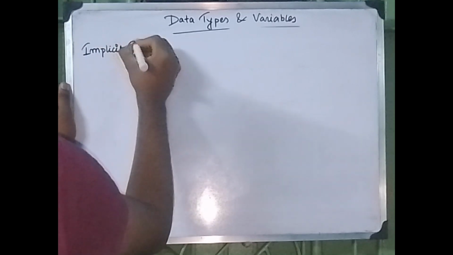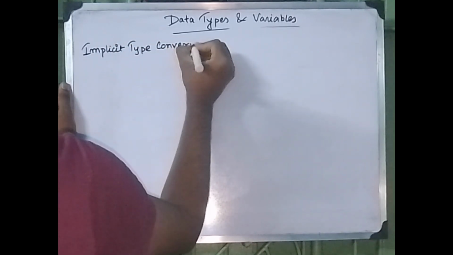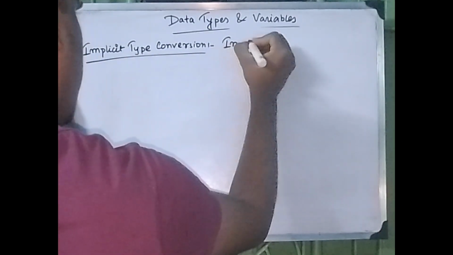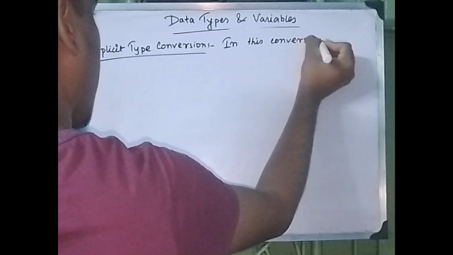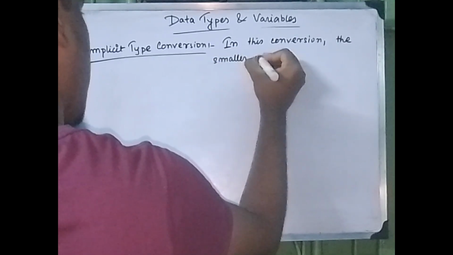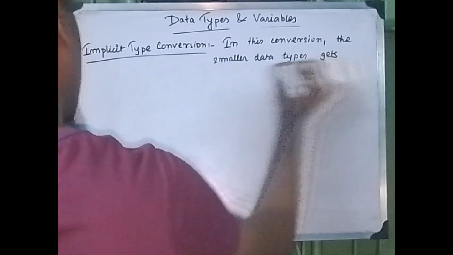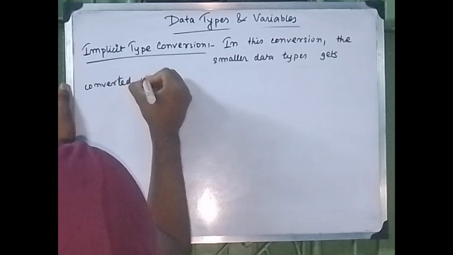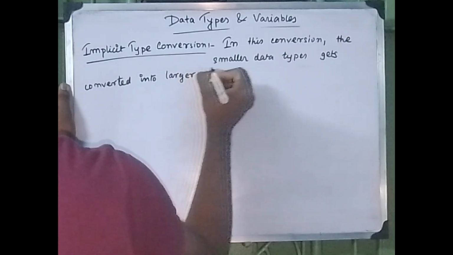For that we have to understand the implicit type conversion. In this type of conversion, the smaller data type used in an expression is usually converted into higher data types.